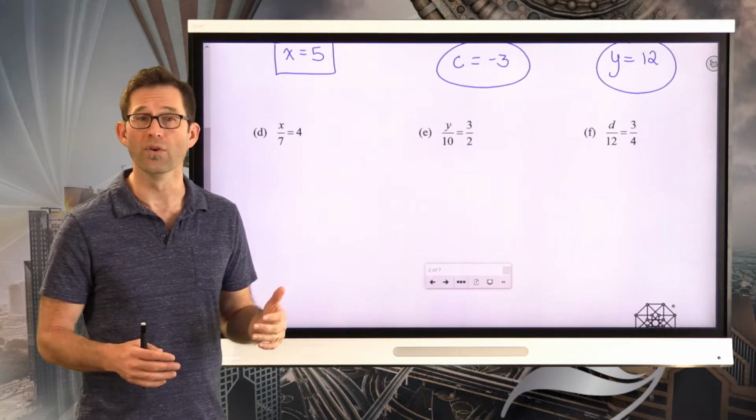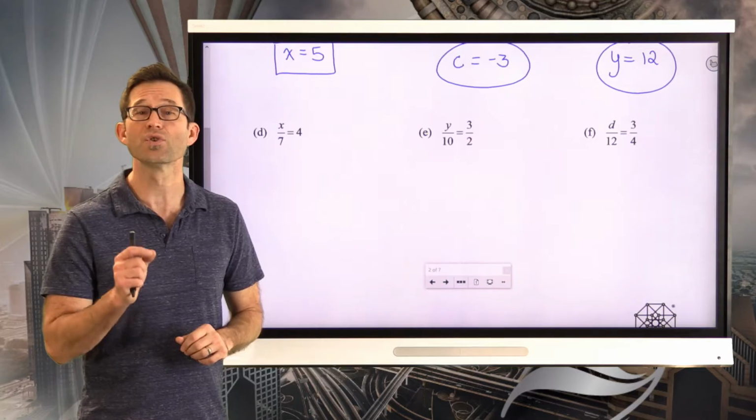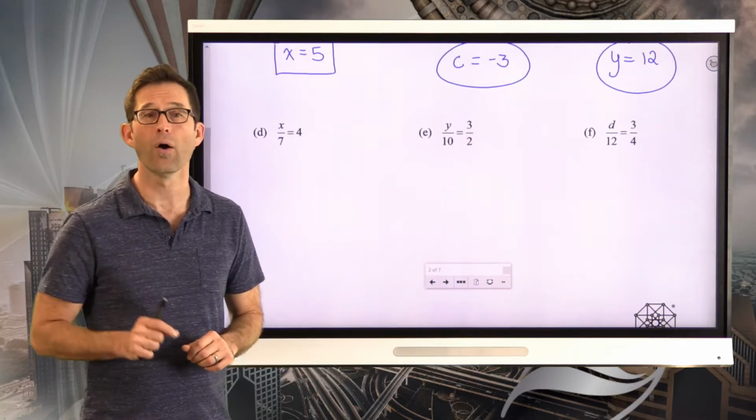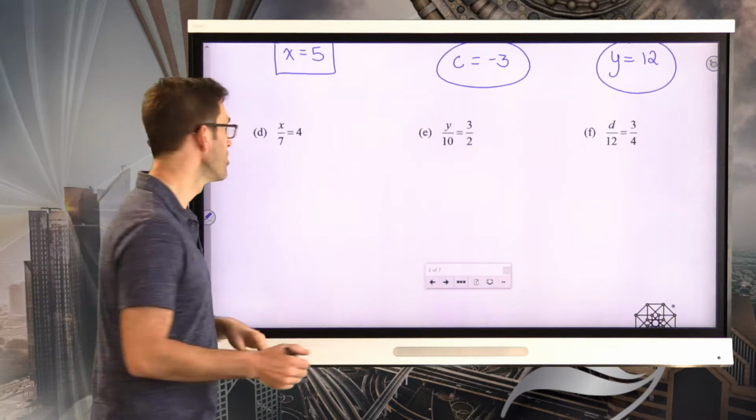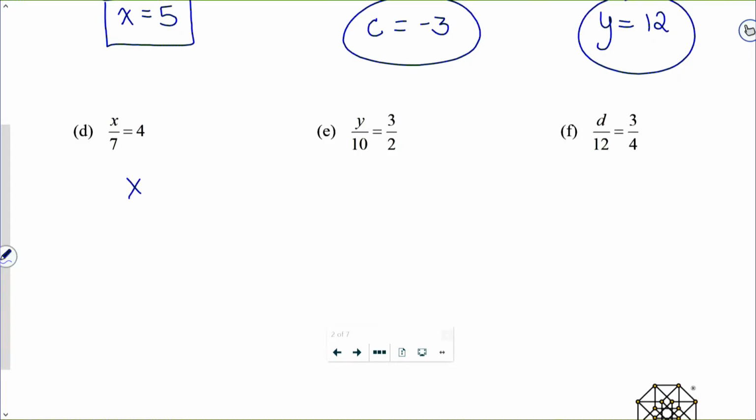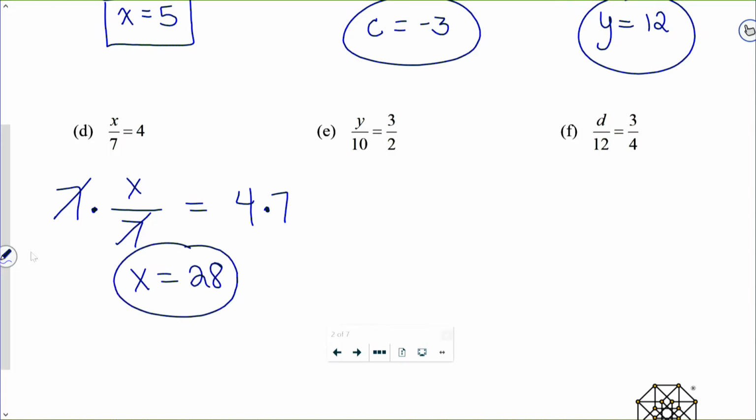I want to get x all by itself, so I'm going to multiply both sides of the equation by 7 to undo that division by 7. I'm going to rewrite the equation down here so I have a little more room to work. Literally, I'm just multiplying both sides by 7. If you want to think about it as these 7's canceling, that's fine. Then I get 4 times 7, which is 28.